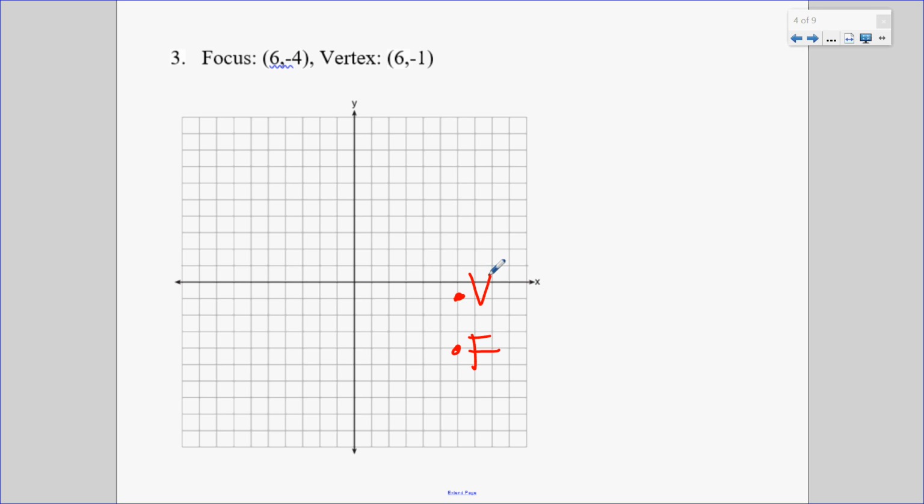So in order to find the directrix, you need to remember which one is in between the other two. The vertex is always in between the other two. So if the directrix was on the bottom, somewhere over here, the vertex wouldn't be in the middle. If the directrix were here, the vertex wouldn't be in the middle. So the directrix has to be somewhere up here in order for the vertex to still be in the middle.